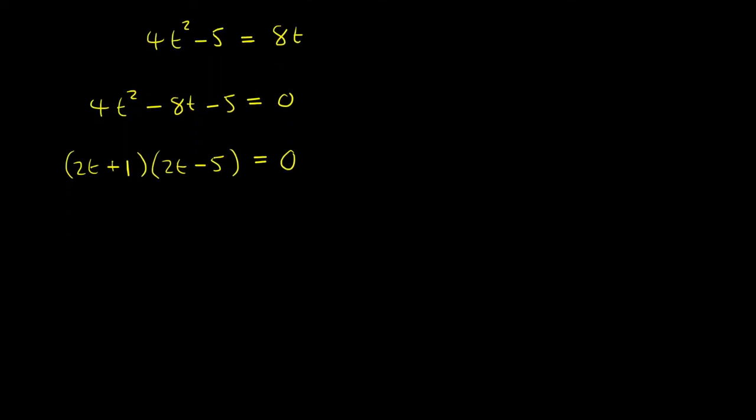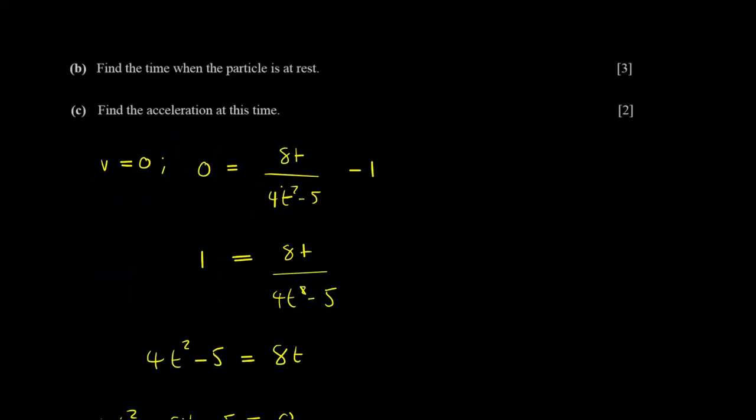So we're going to end up with two solutions. We're either going to have t is equal to -1/2, or t is equal to 5 upon 2. And of course, time can't be negative, so that is rejected. So t equals 5 upon 2 is the time in which the particle is at rest.